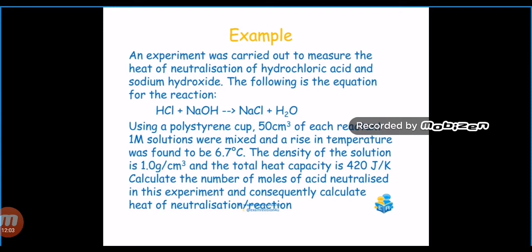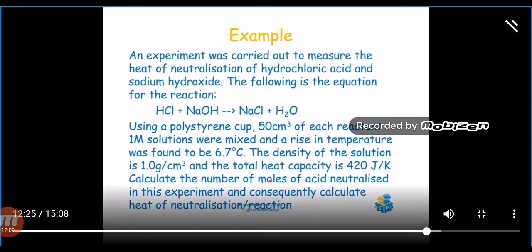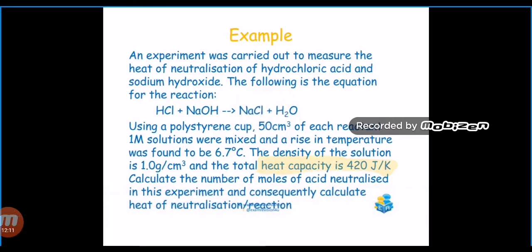So they may leave out this part here to calculate the number of moles, if you're using heat capacity or specific heat capacity. So in this question, we see we're using heat capacity, so we know we're going to use our second formula.